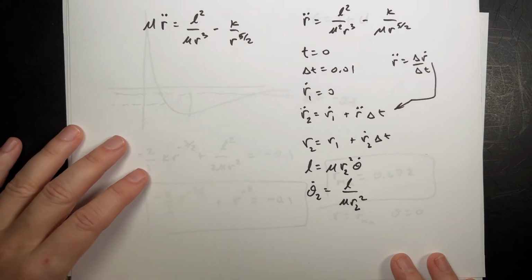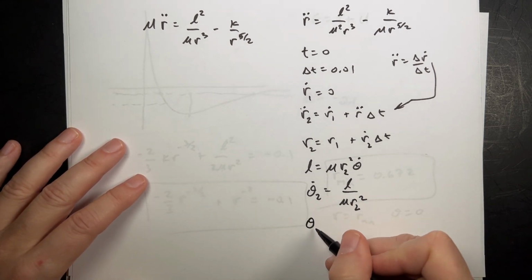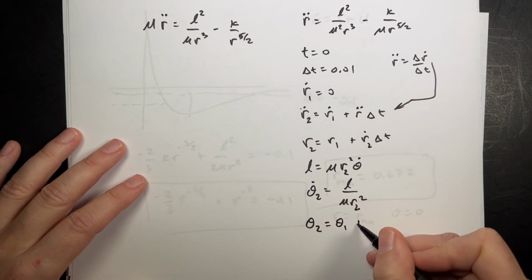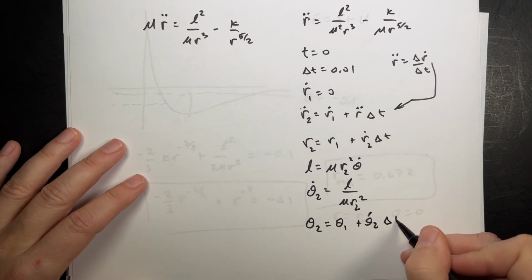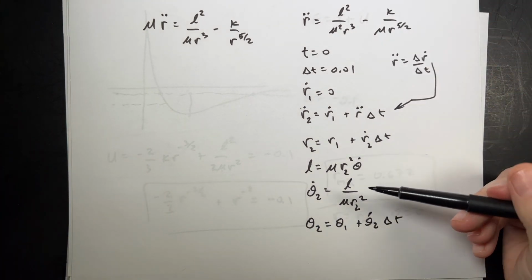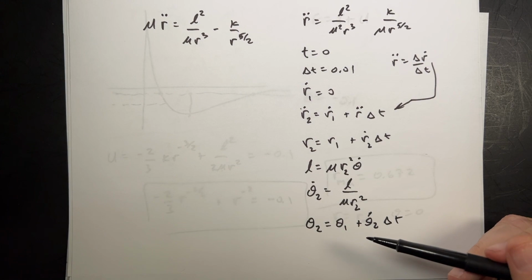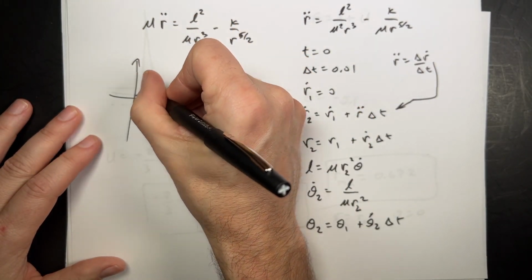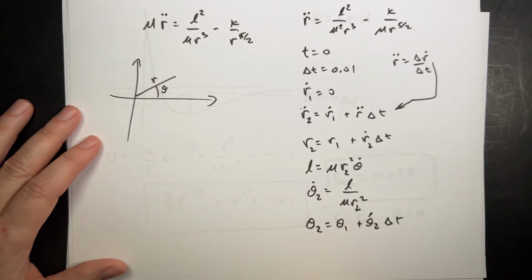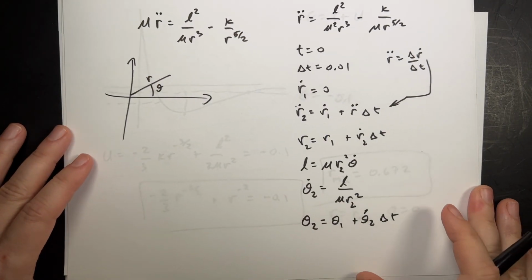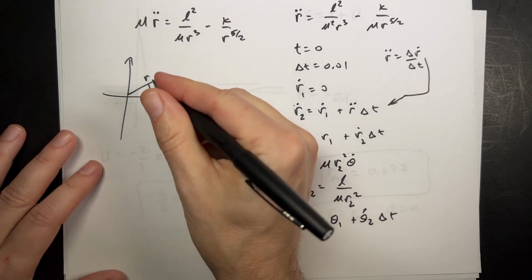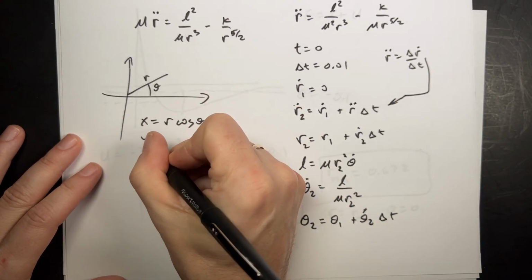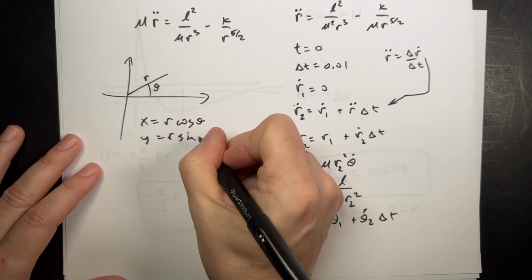Now if I know theta 2 dot, I can find theta 2. It's theta 1 plus theta 2 dot delta t. So now going through this whole thing, I can update r and theta. And remember, that's r and that's theta. Now, if I want to make a trajectory plot, I actually want to convert that back to x's and y's. So I can say x equals r cosine theta, y equals r sine theta.